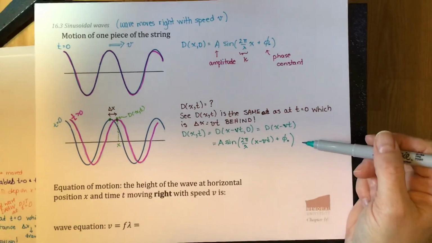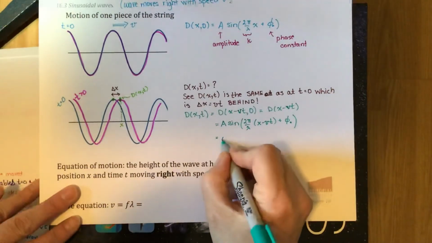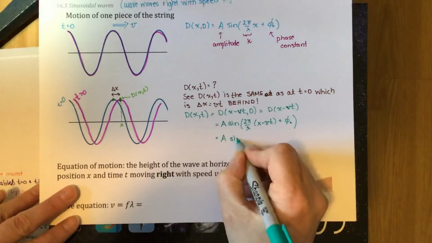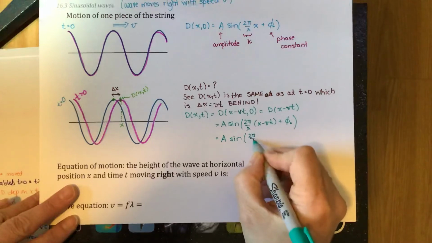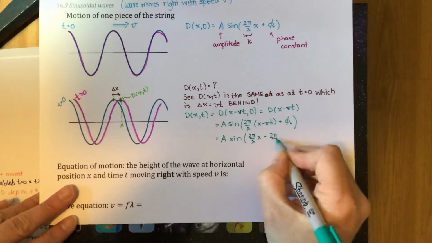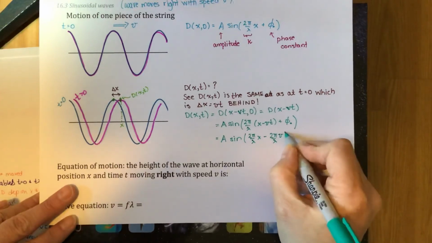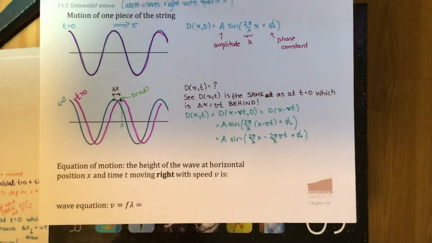We can leave it like this, or we can make it look a little bit nicer. Let's multiply out these terms. So we've got 2 pi over lambda times x minus 2 pi over lambda times vt plus phi naught. Okay, this is looking pretty good. There's a couple of things that are standing out here.